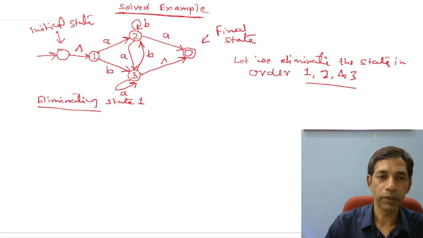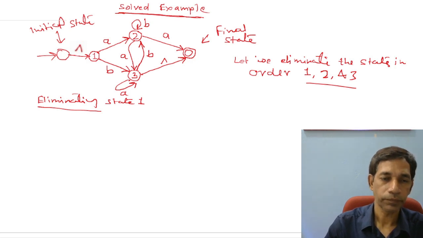This is the incoming edge of state 1, and there are outgoing edges: one goes to state 2 and the other goes to state 3. So we have to bypass this state, which means we eliminate it, and we will have a direct path from the initial state to state 2, because this is one outgoing edge, and a direct path from the initial state to state 3.